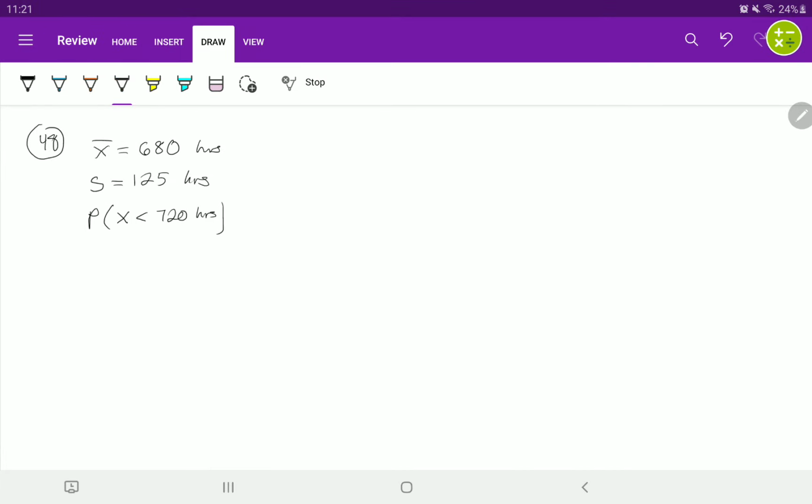Now, in Stats 250, you will see different symbols for the mean and the standard deviation. But this chapter in this textbook on ALEKS likes to focus on samples. When you go to Stats 250, instead of the sample mean, you're going to see mu, and mu means population mean. We'll say that mu equals 680 hours.